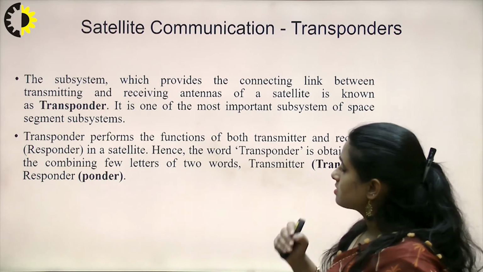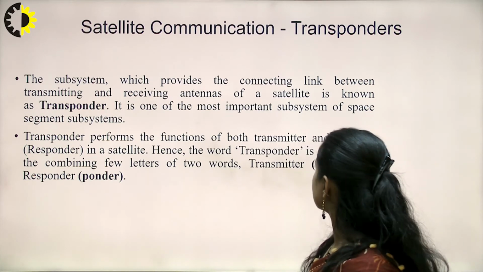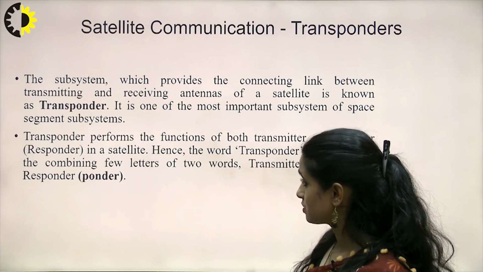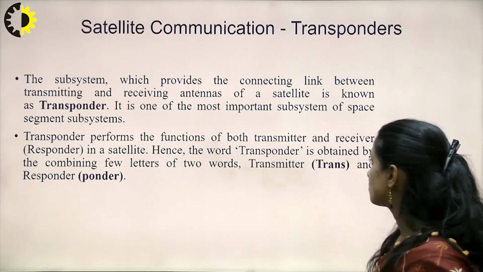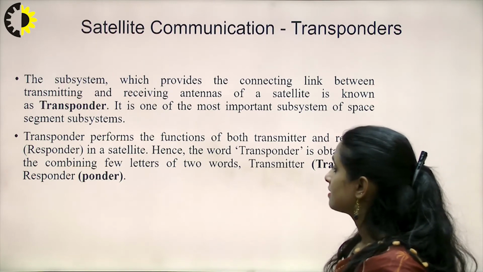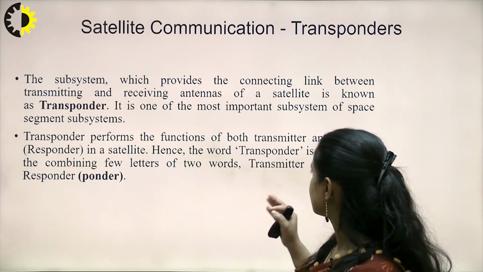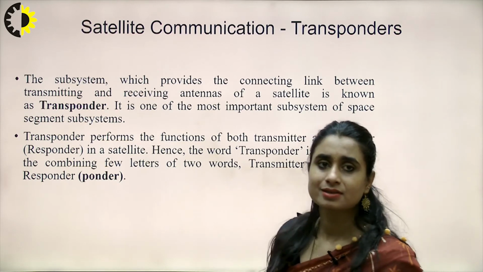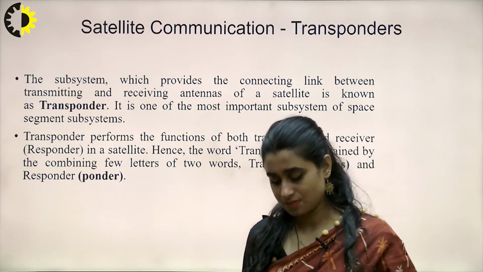So transponders perform the functions of both transmitter and receiver in a satellite. We can call them responder as well. Hence the word transponder is obtained by combining a few letters of the words transmitter and responder, that is ponder. Right? This is how the word transponder comes into existence.